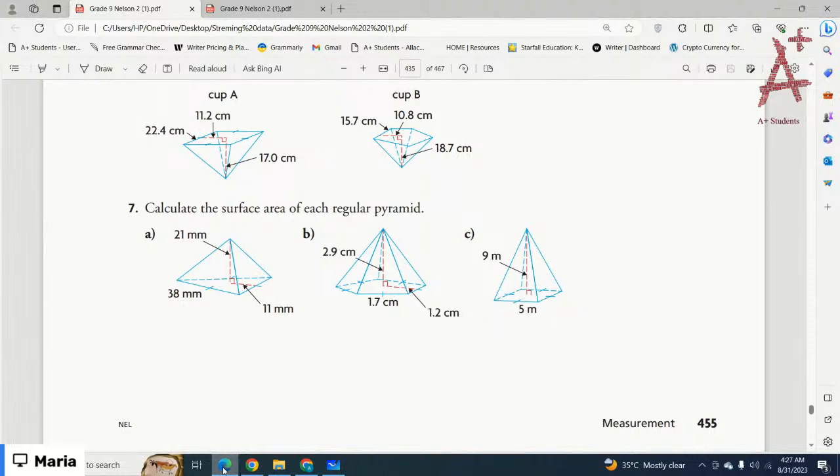So you can see they have 4 identical triangles. So we need to calculate the area of the triangle, right? Question number 7a.